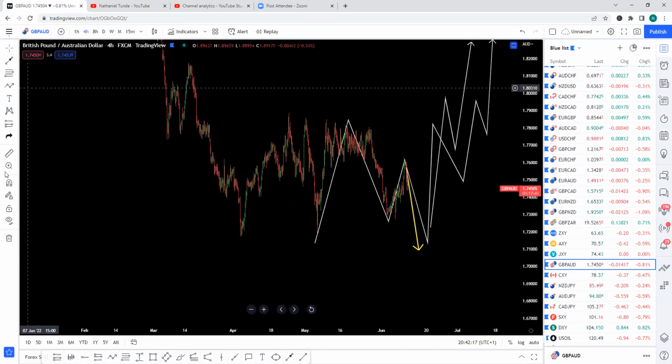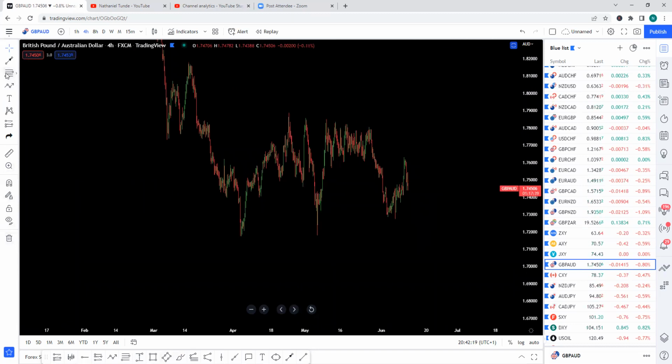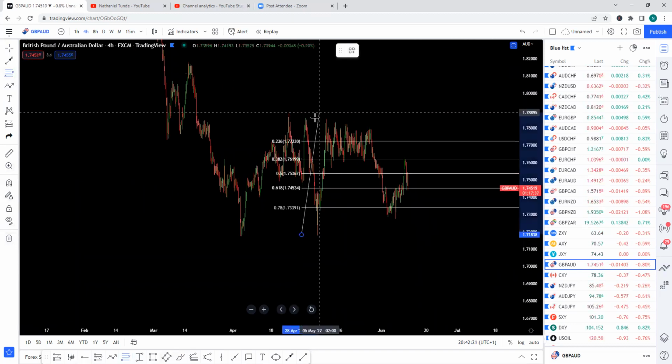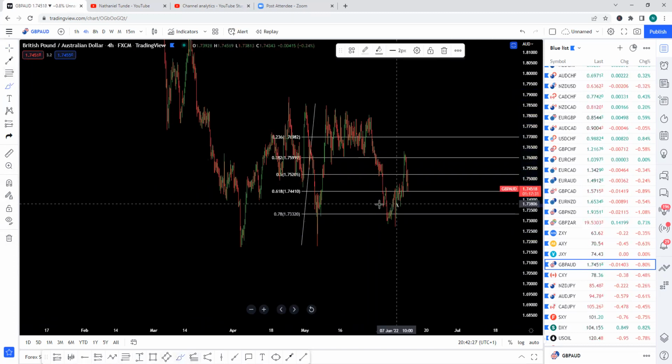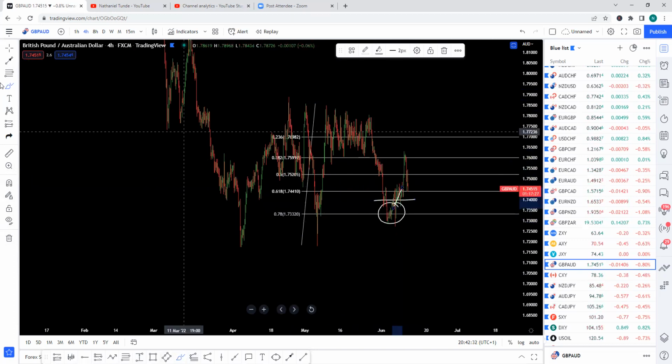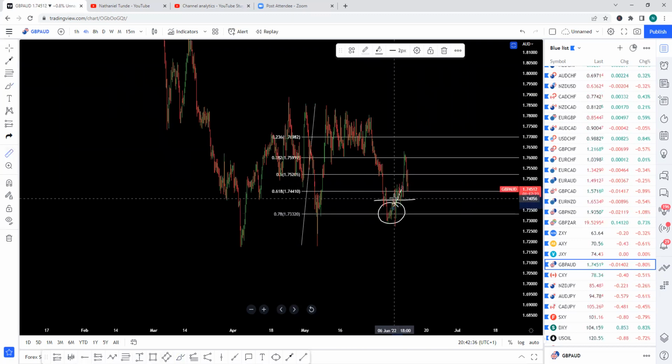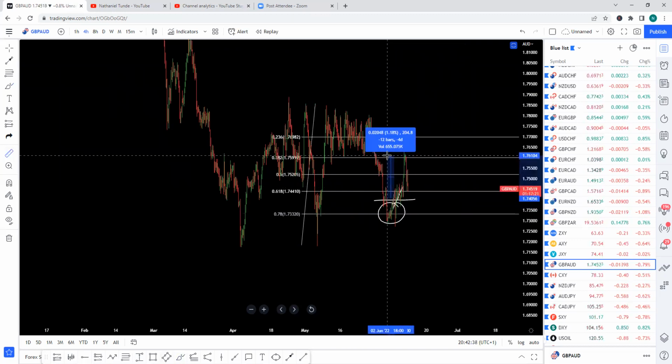We're thinking before that this has made enough fill, that it has come to 78, and we took the trade from here, made us about 170 pips. But if we enter at 74 to 76, that gives 210 pips.